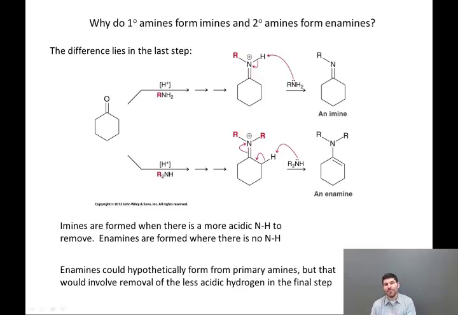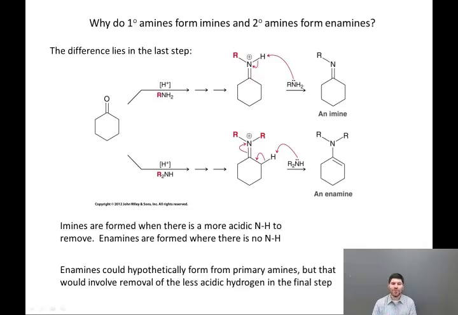That's what gets removed by the second molecule of amine in a proton transfer step to generate the imine. With a secondary amine, your iminium ion in the final step does not have a hydrogen on the nitrogen, so we remove a hydrogen from carbon. We remove one of those beta hydrogens, and that leads us to the enamine.